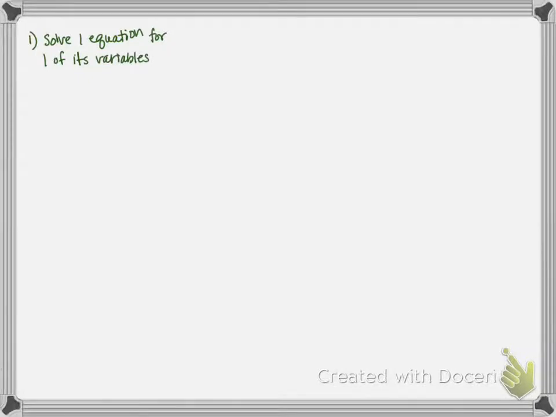Personally, if I have to do this step, then I don't want to do substitution. What I want is, do I have an equation that's already solved for one of the variables? That's just me.